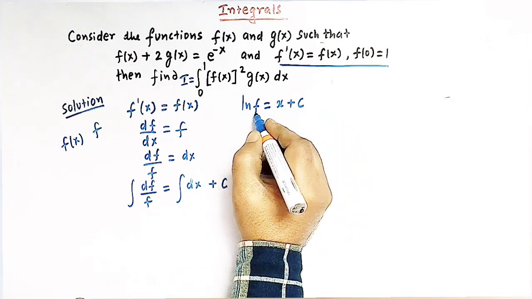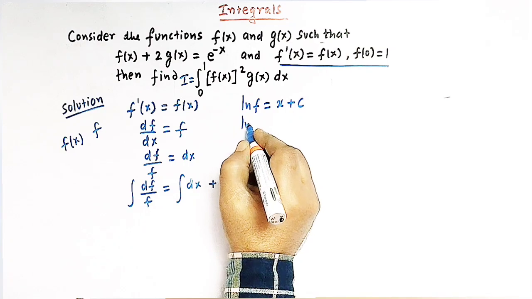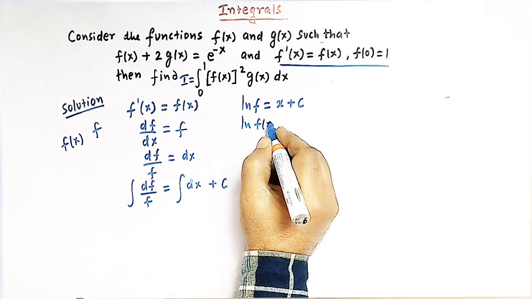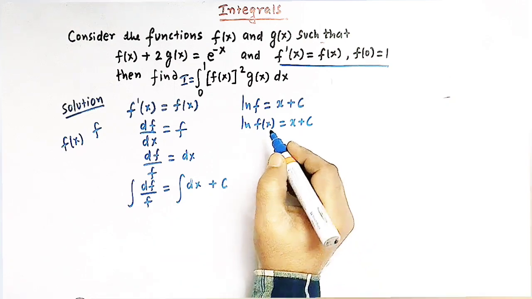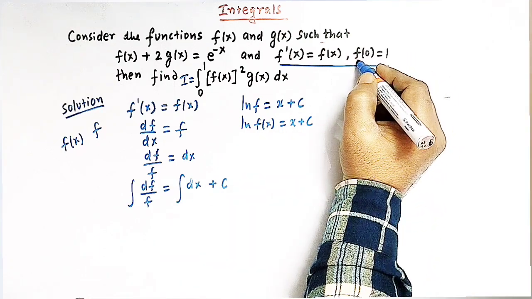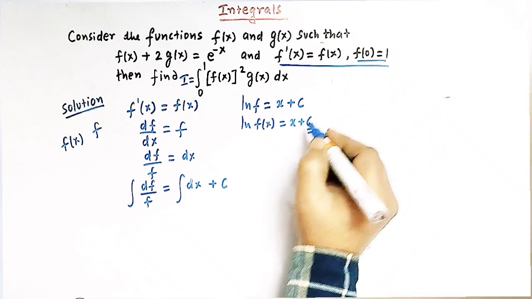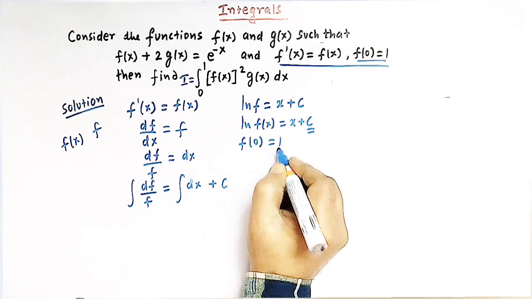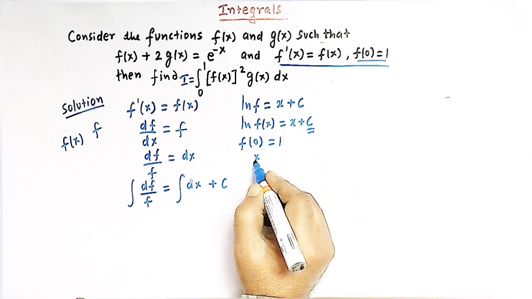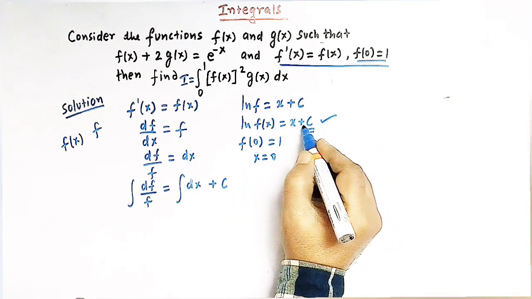Let us again replace this f by f of x, so we have natural log of f of x is equal to x plus c. Now let us use the condition to find the value of c, the constant of integration. We have f of 0 equal to 1, so let us take x equal to 0 in this equation.